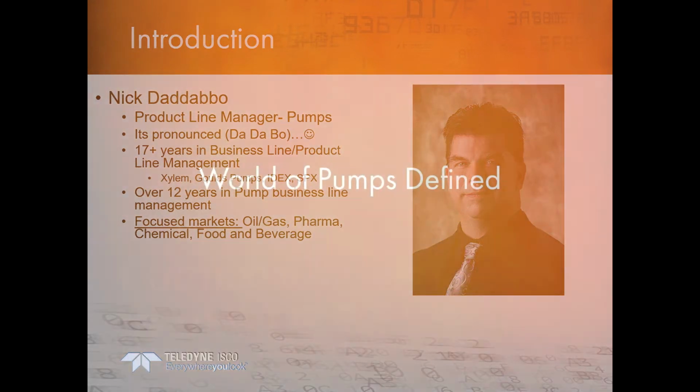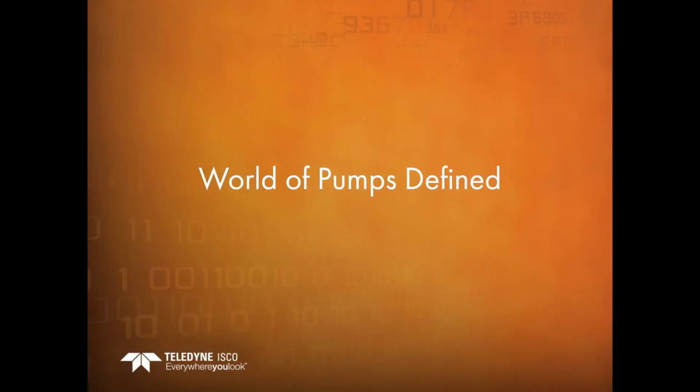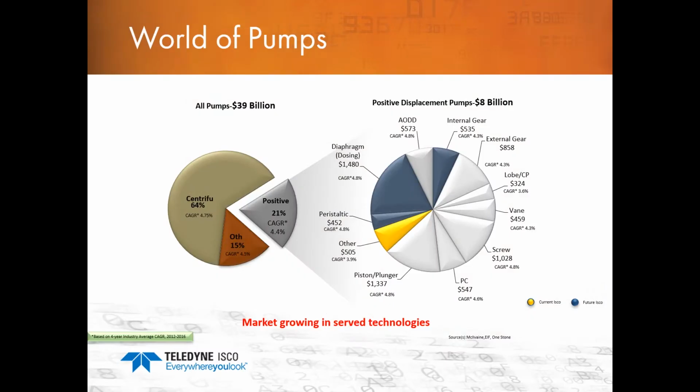So let's quickly talk about what pumps really are. Pumps themselves is a broad term. There are two major types when you look at the pumps world. You have centrifugal pumps, which are rotating devices with impellers that increase the pressure within the containment of the pump.